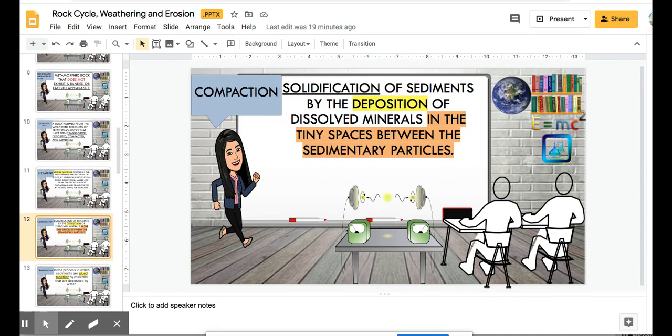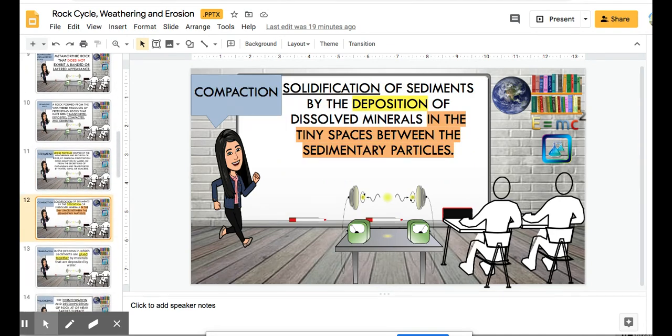The processes involved in transforming igneous rock to sedimentary rock or metamorphic rock to igneous rocks when they become loose particles are compaction, cementation, weathering, and erosion. We are going to discuss each of those processes. So, the first one is compaction.